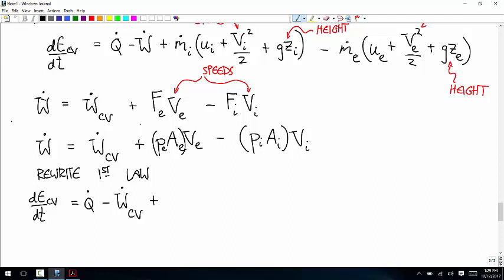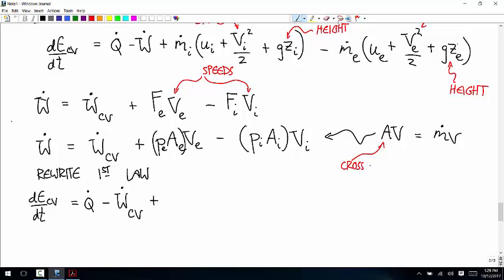So we're also going to have to recognize here that this, we've already seen this, is the volumetric flow rate. And we can write that as the rate of mass flow times the specific volume. Okay, so this is a cross-sectional area.